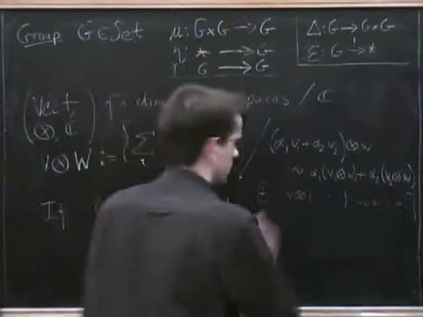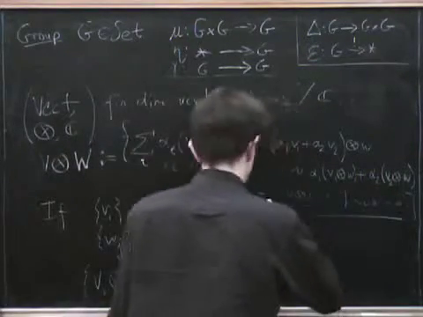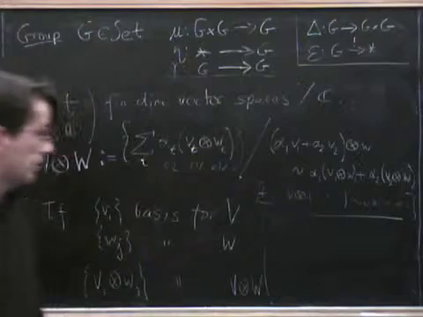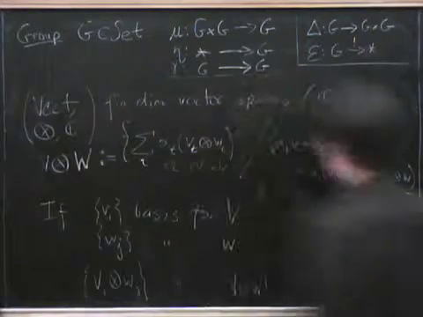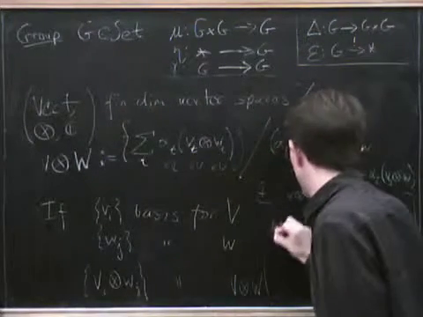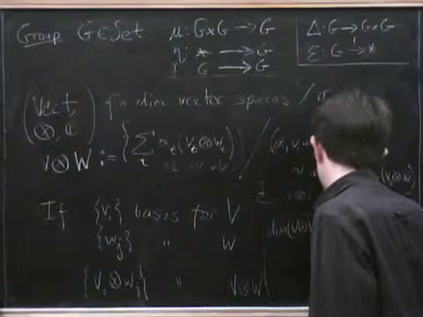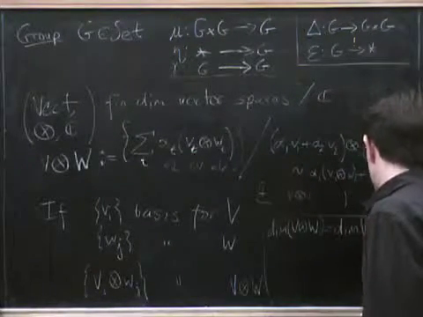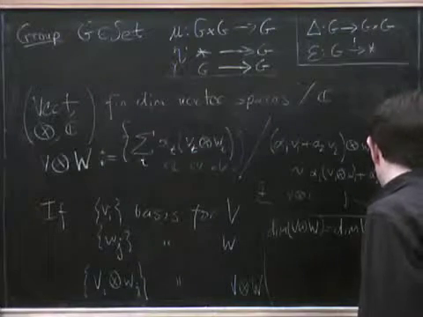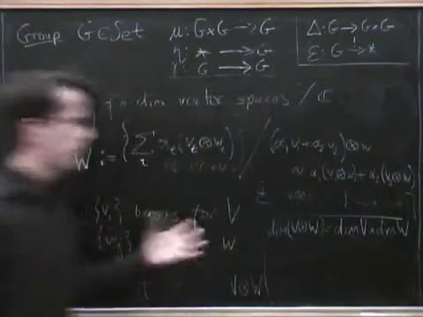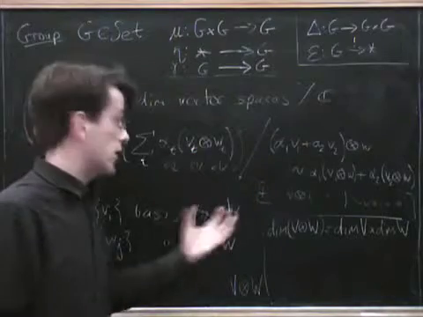Well, just say what I've got to say very quickly. The point is that the dimension of V tensor W is equal to the dimension of V times the dimension of W. But that's not the same as the Cartesian product.